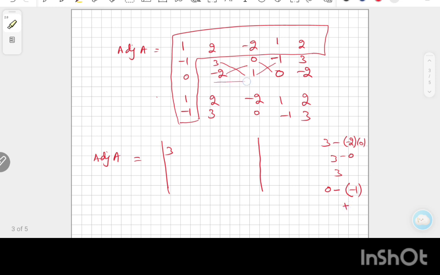We go from left to right, but we write the answer in column form. This is plus 1.